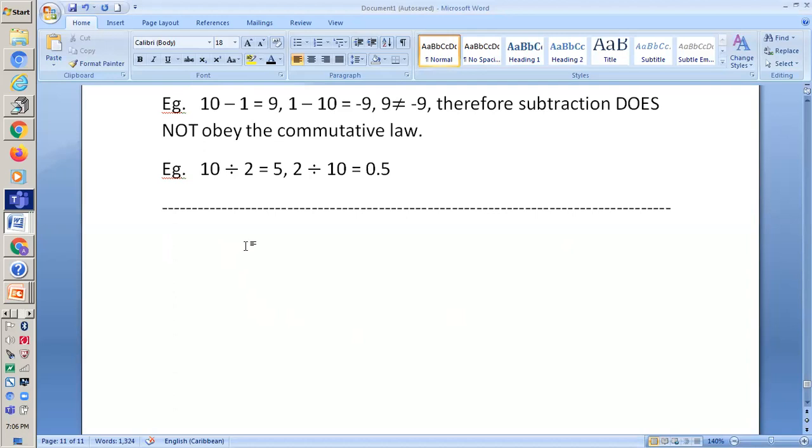All right, so there are a few things to look at. We're going to look at what we call factors of a number.